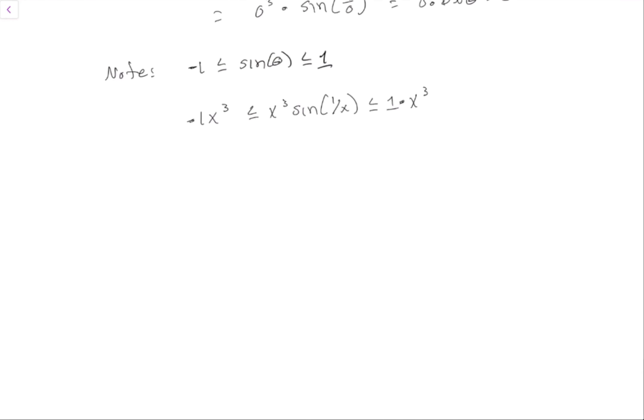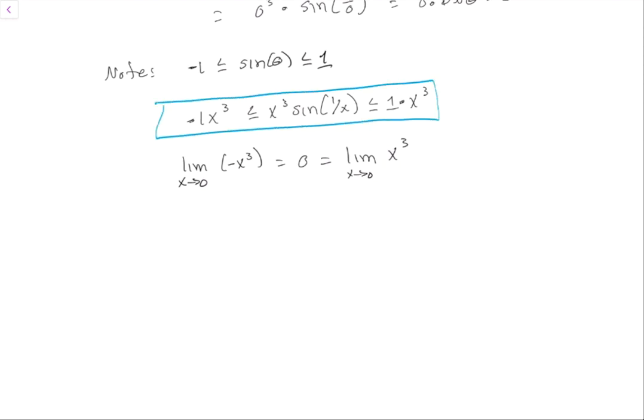Now, because we're looking at the limit as x goes to 0, let's point out to ourselves that the limit of -x cubed, now I can direct substitute, 0 cubed is 0, and the limit of the upper bound is also 0. So we're satisfying the conditions of the squeeze theorem. We know that x cubed sine 1 over x has those bounds.